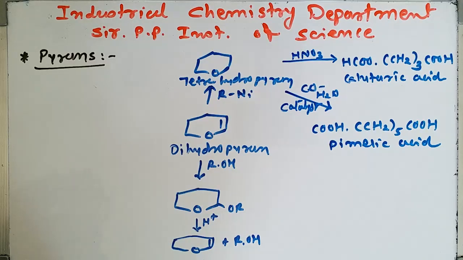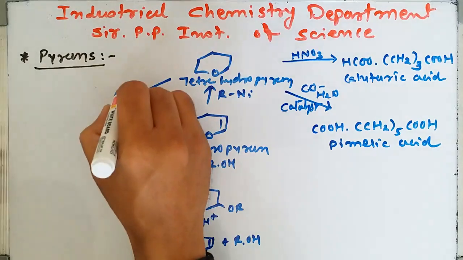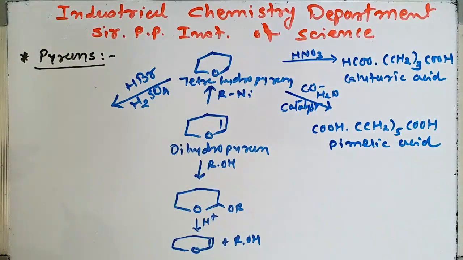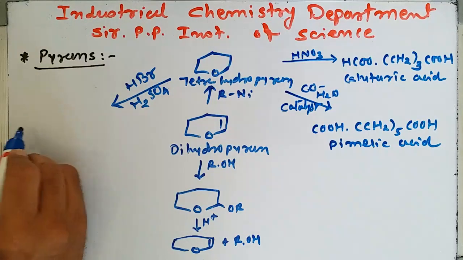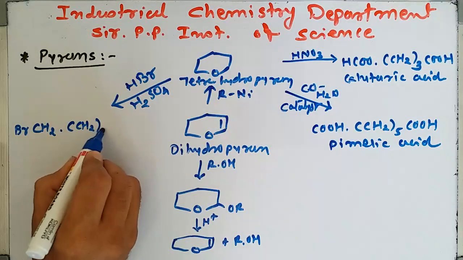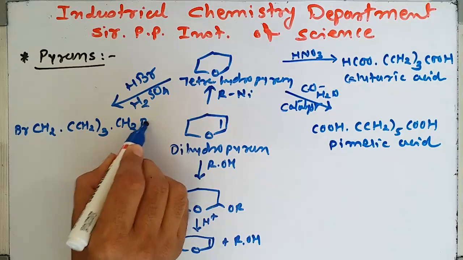Now, we have one more. With the help of hydrobromic acid, that means HBr, in the presence of sulfuric acid, we get 1,5-dibromopentane, which is BrCH2 thrice CH2Br.